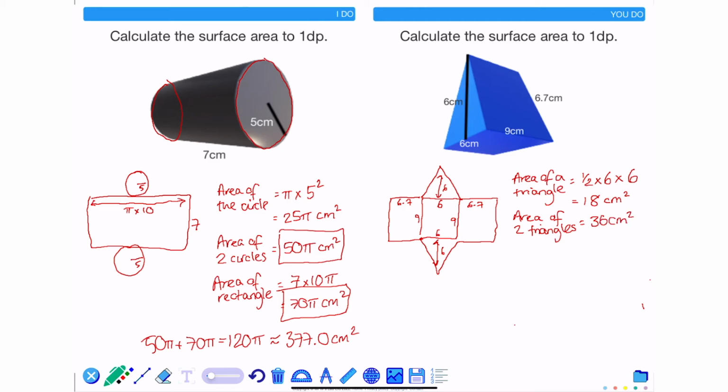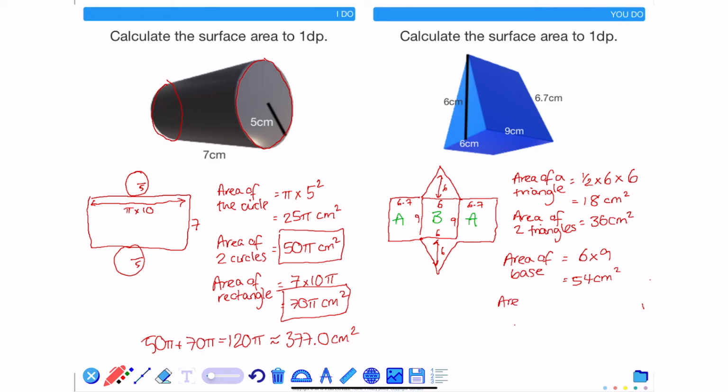And then I have two different sized rectangles. The ones that I will mark as B being the base and A being the two side rectangles. So calculating the area of the base first of all, this will be simply length times width, 6 times 9. This is 54 centimeters squared.